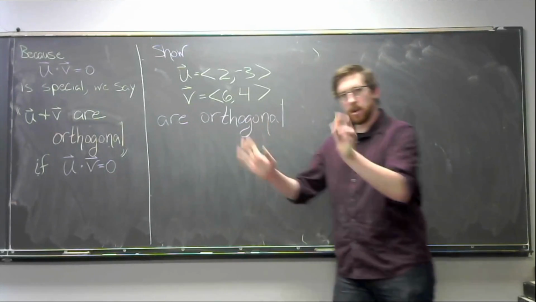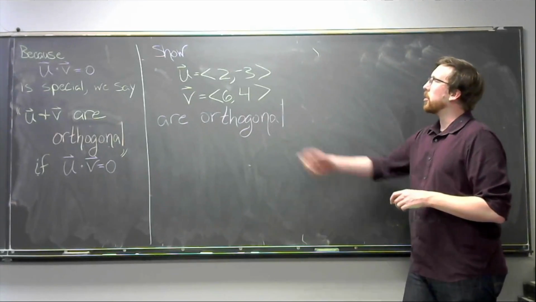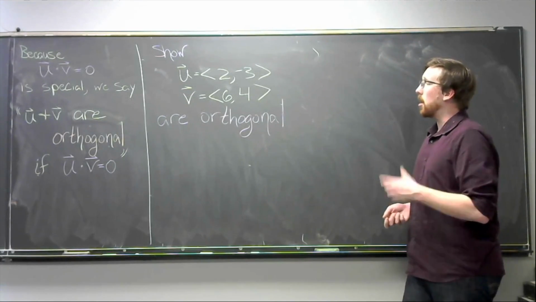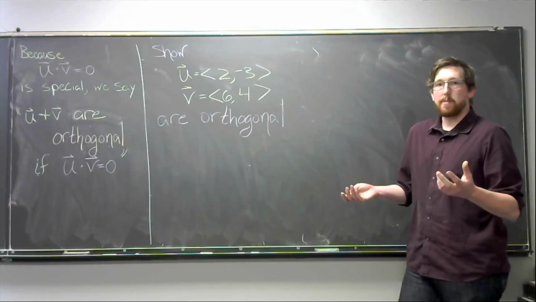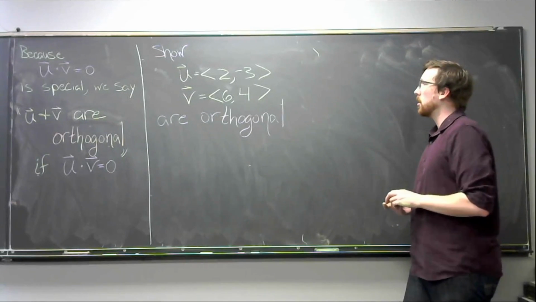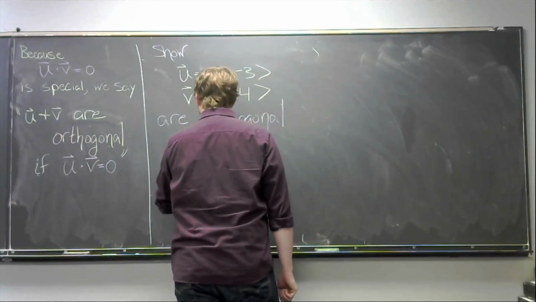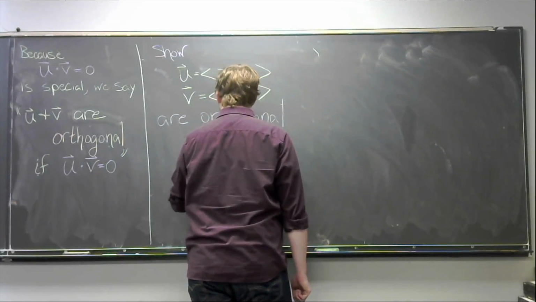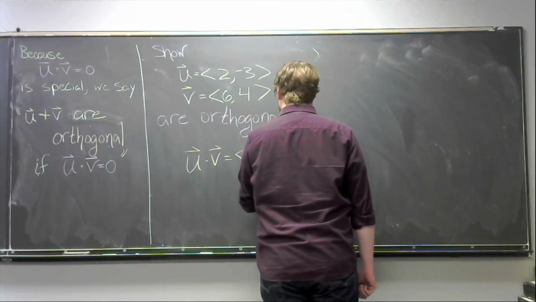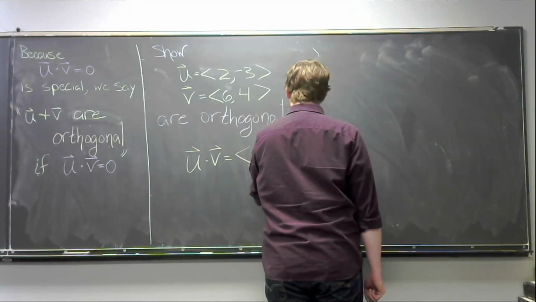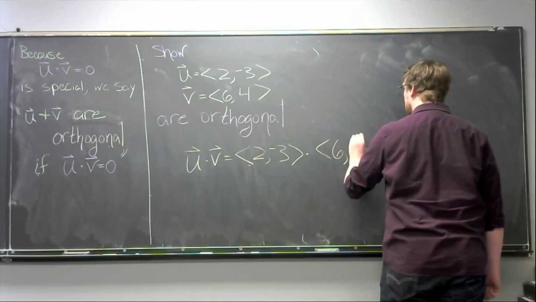But anyhow, enough with this definition. Let's use it. We want to show that these two vectors are orthogonal. So what are we going to do? Well, we're going to take their dot product and see if it's 0. So let's do that. u dot v is equal to (2, -3) dot (6, 4).